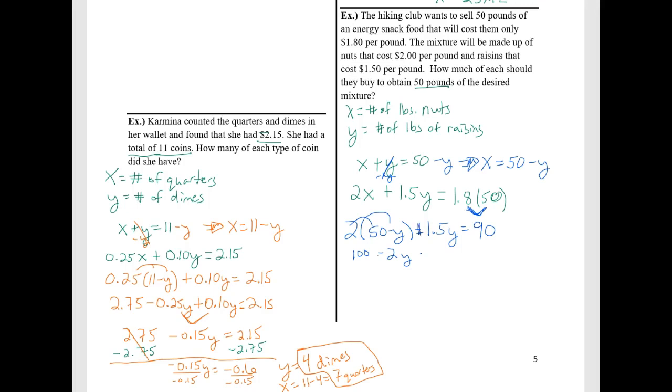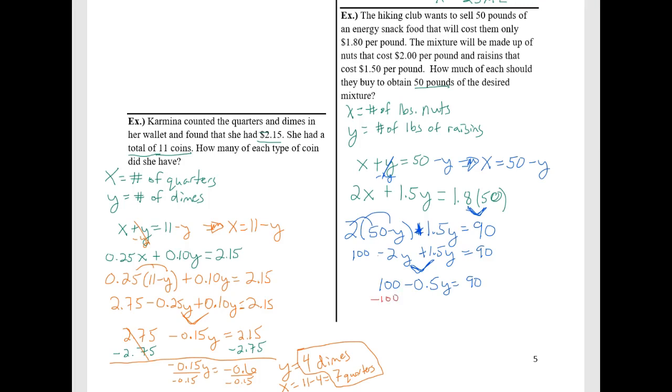Whoops, this was a plus here, not an equals. Plus 1.5y equals 90. Alright, I'm going to combine my like terms on the left-hand side of the equals. Negative 2y plus 1.5y would be a negative 0.5y. I want to get y alone, so I'm going to move away my constant, meaning the piece without the y.